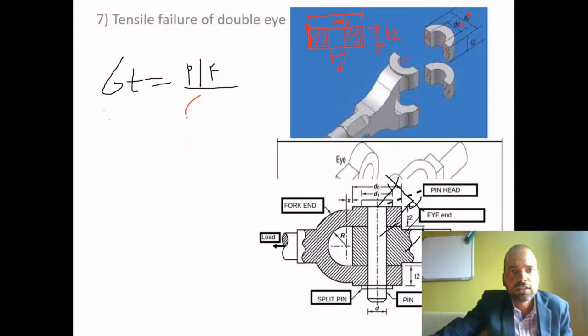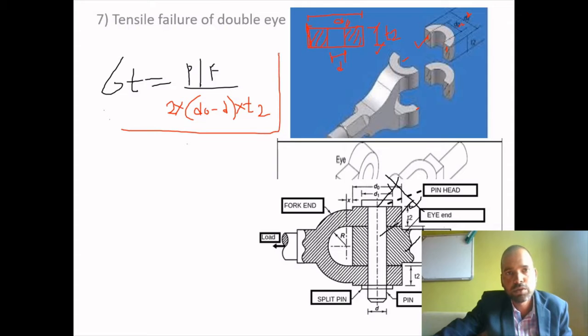Now what is the area? (d0 minus d) into t2 is for one portion, and then the second area is added, hence it is multiplied by 2. So the equation will be 2 into (d0 minus d) into t2. That will be the tensile failure area of the double eye.